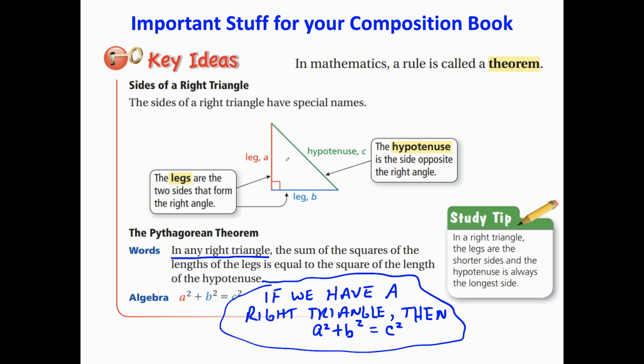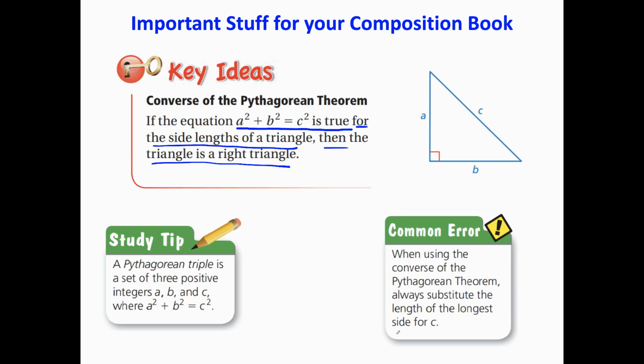Mathematicians have actually proven that this converse works for every right triangle.